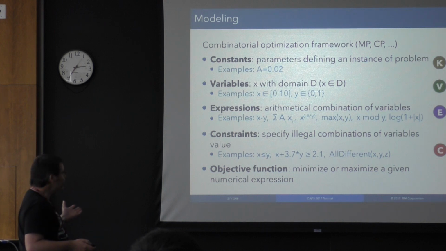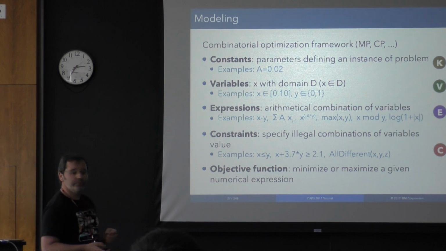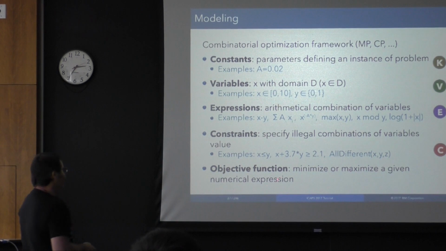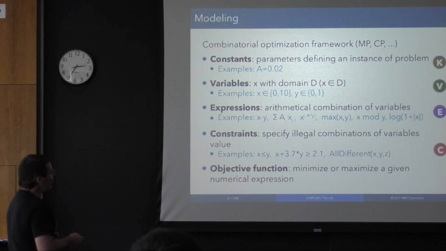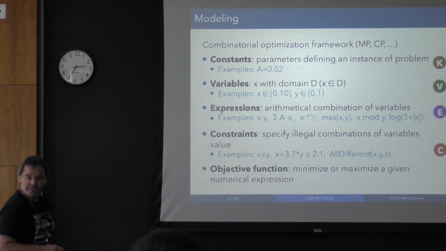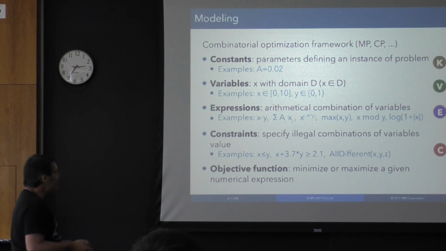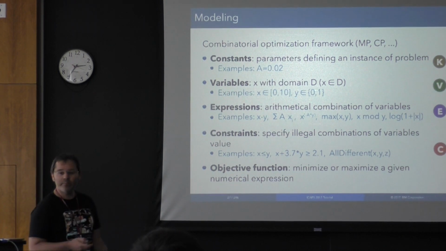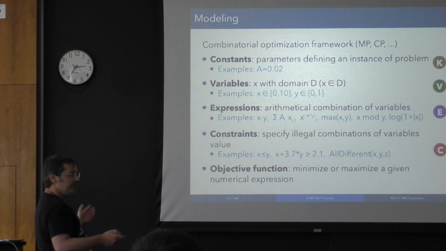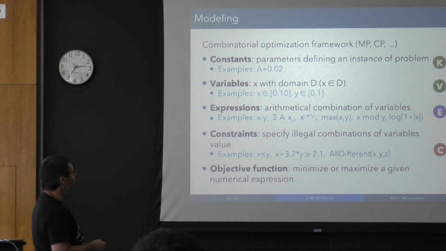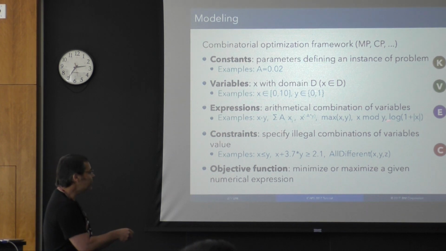You have expressions. Expressions are arithmetical combinations of variables. If you are working in linear programming, you have linear expressions, of course. But the advantage of working in a more general framework, like CP and CP Optimizer, is that you can have other expressions, like, I don't know, the logarithm, for instance, or modulo expression.